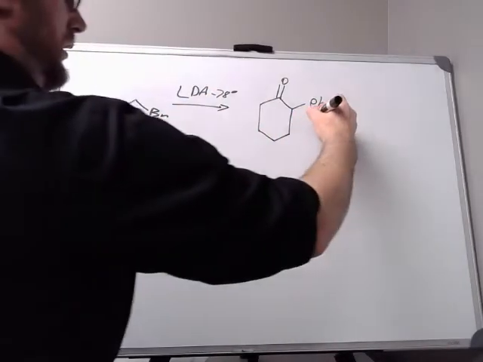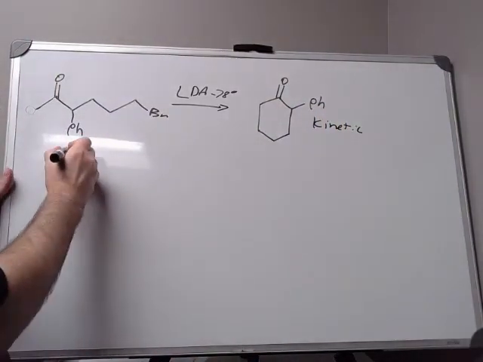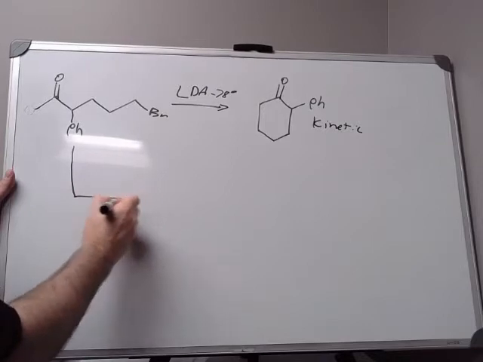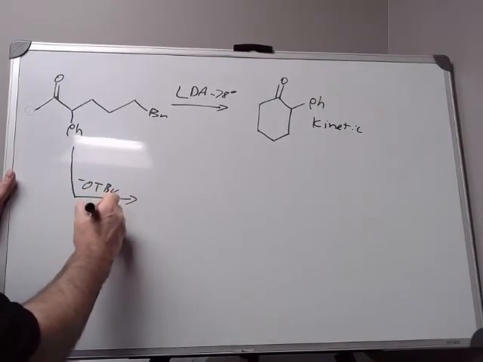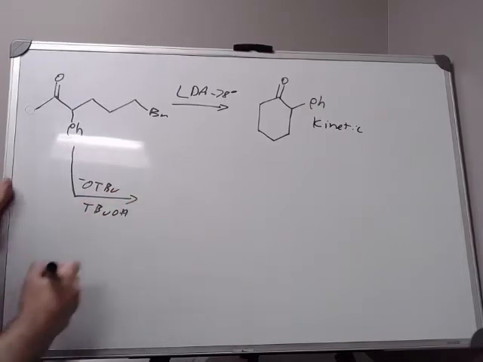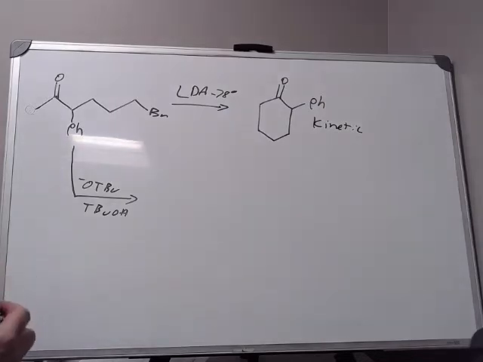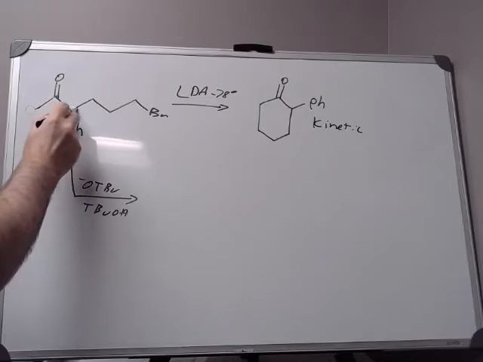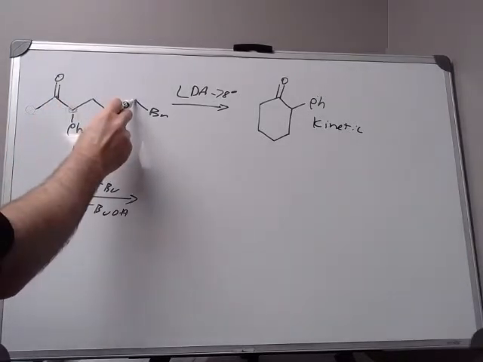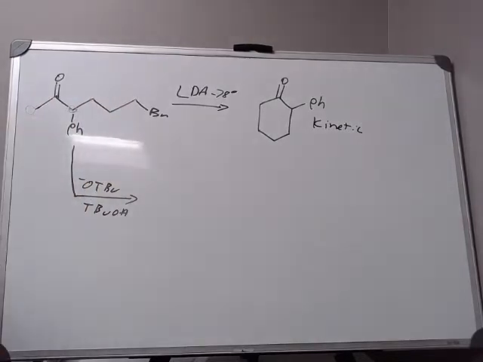And this would be, again, the kinetic product. If instead of LDA, we use tert-butoxide in tert-butanol, then you would think we would deprotonate at this alpha carbon, and then this alpha carbon would attack this alkyl halide carbon, and we'd form a 1, 2, 3, 4-membered ring.